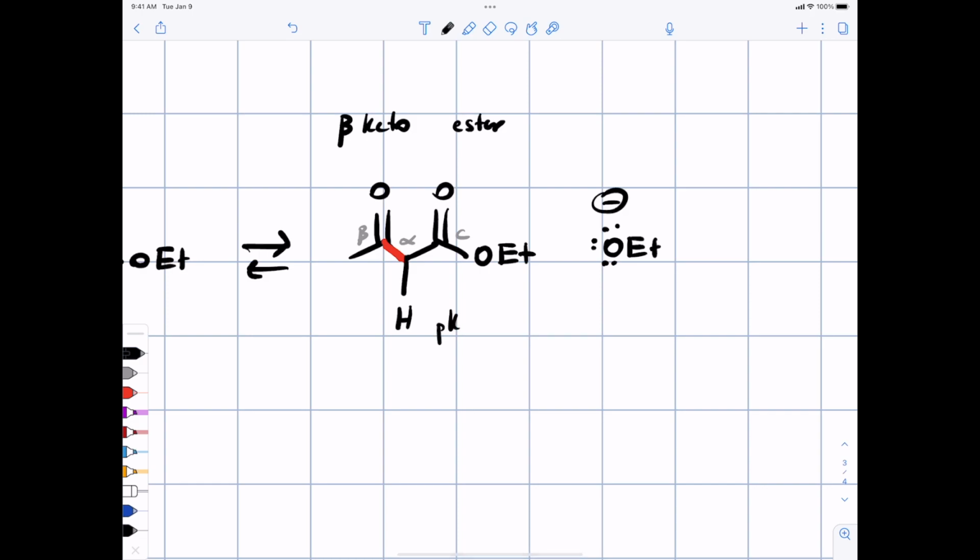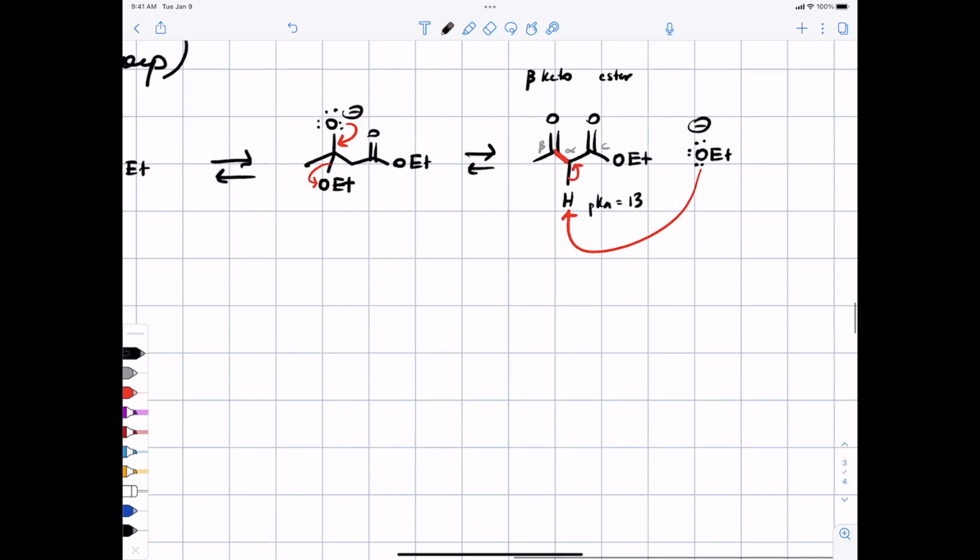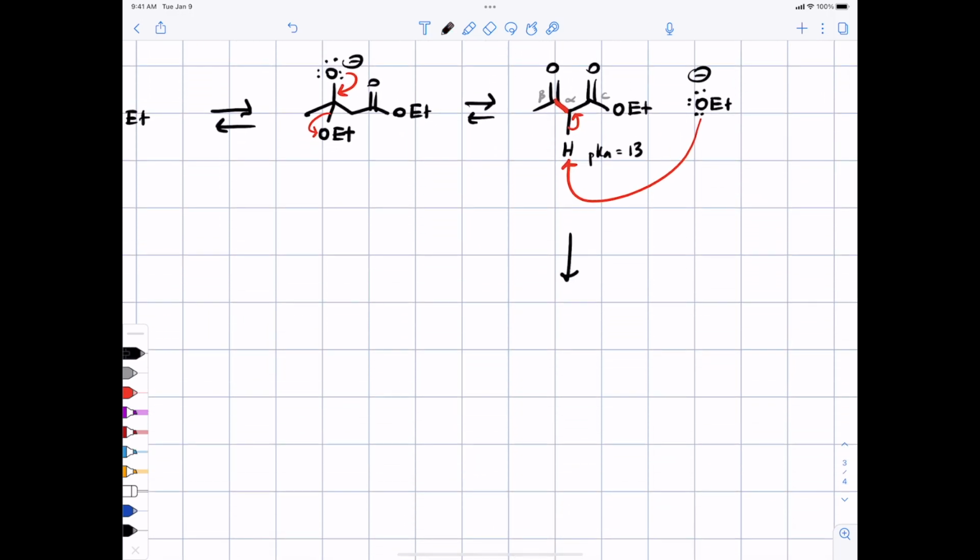And you've just made that alpha proton have a pKa that's much lower than the pKa of your base's conjugate acid. In other words, as soon as that ethoxide leaves, it steals that proton, and then you're at the stage of having this enolate and ethanol, pKa 16.